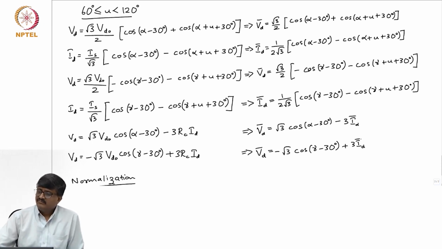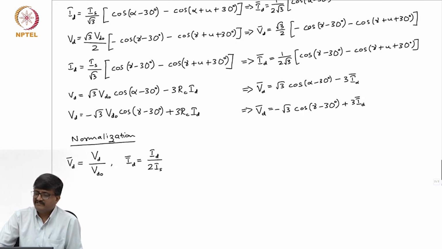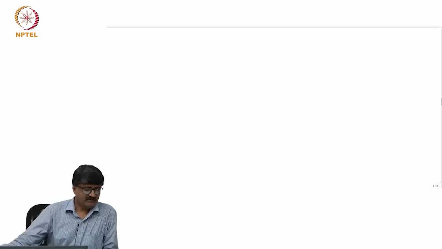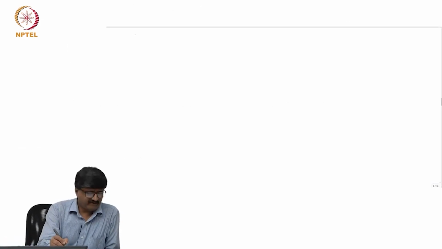So what we have done is obtain the equations in per unit VD and per unit ID instead of the actual VD and actual ID. There are 7 quantities.